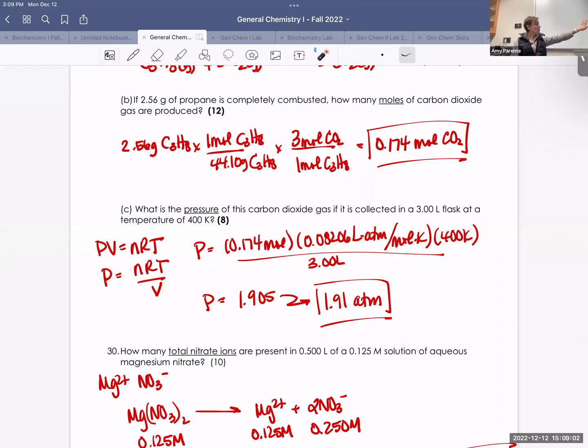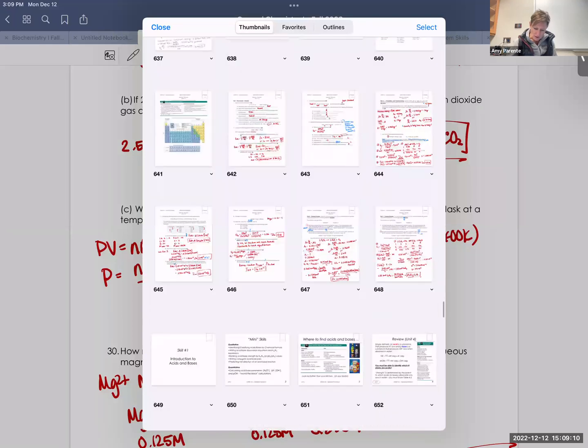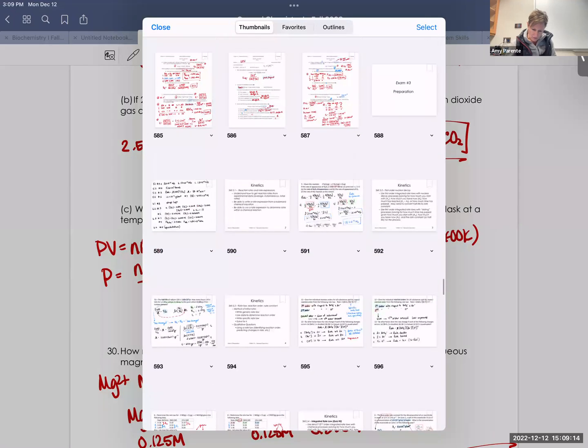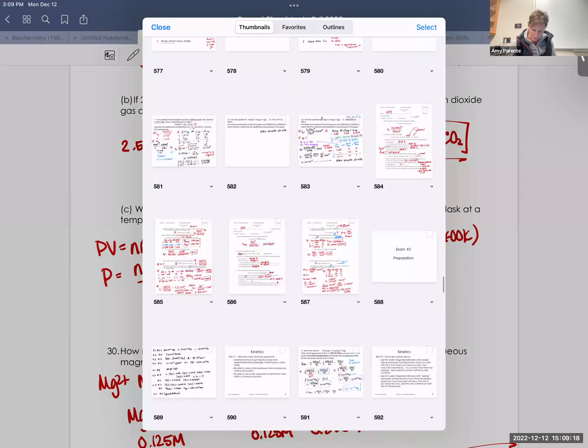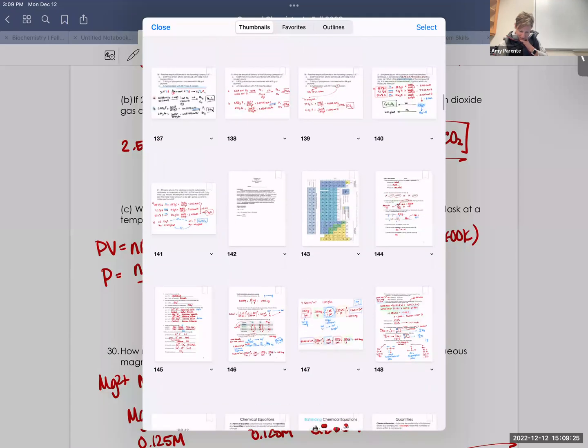Okay, so not part of what we have here, but let's go find one of those problems when we had a changing variable problem. Kinetics, gas stuff was pretty early on. I think it was in unit 2. So it may take me a second to find it here.